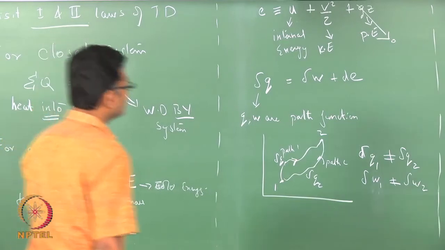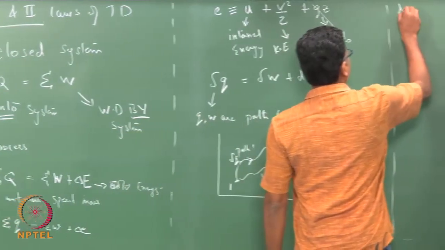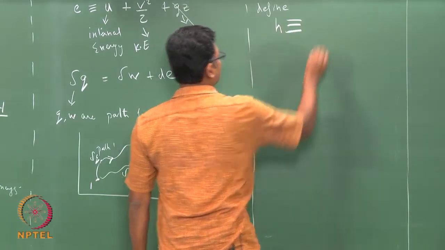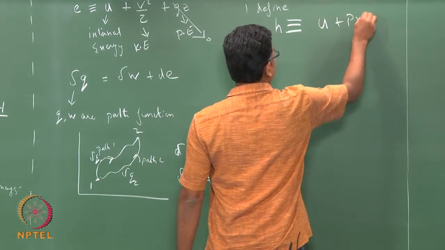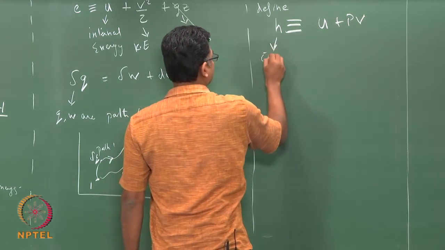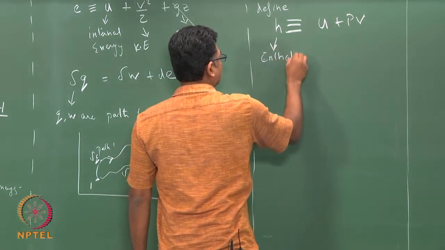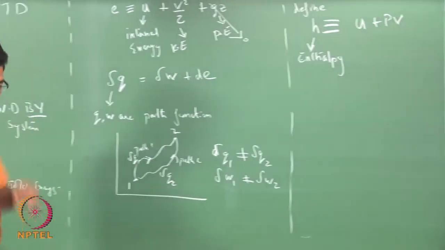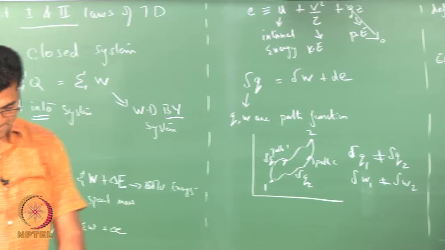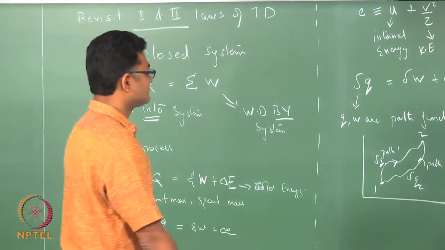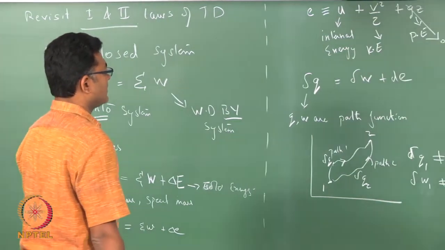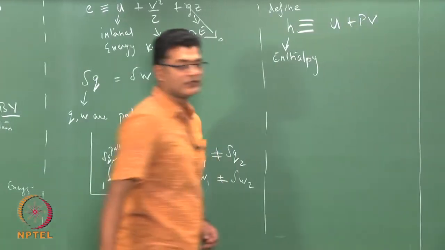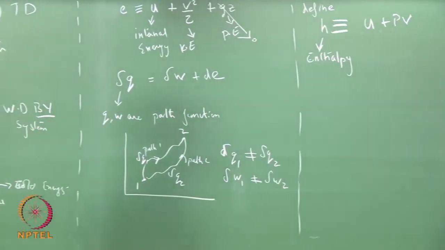We also define something called enthalpy, which is U plus PV. So, this is internal energy and your combination of pressure and volume.